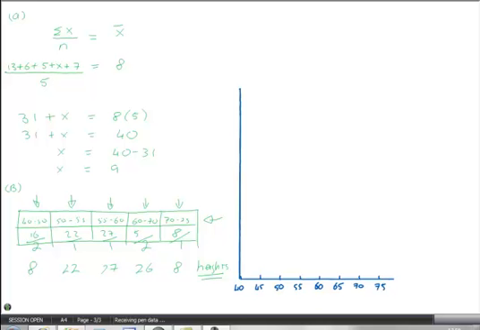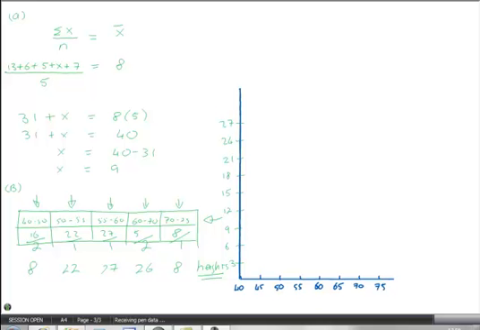I think I'll go up in threes maybe. Three isn't a great number to go up in, but given the numbers that we have to work with, it's not bad.